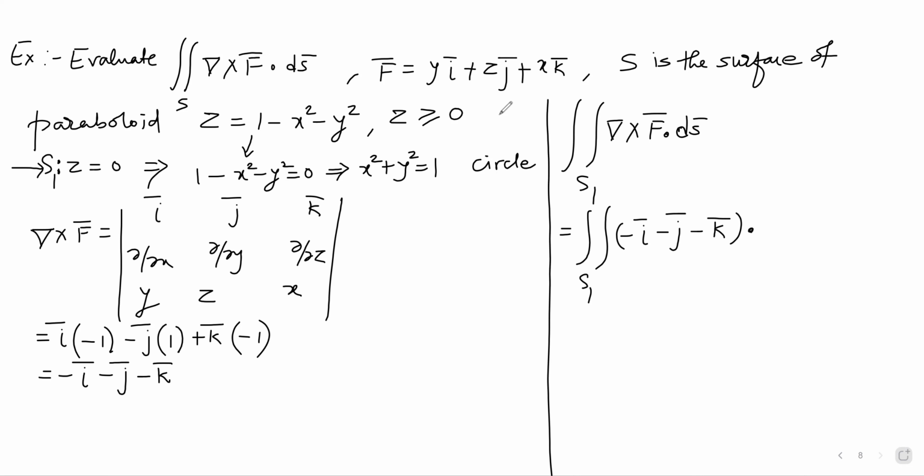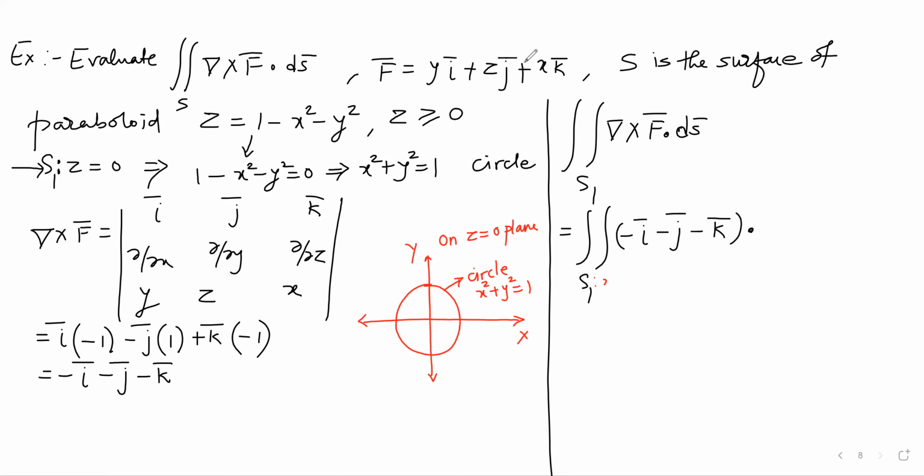You can see that we have S1 on the z equal to 0 plane. It's a circle, x square plus y square is equal to 1, correct? So therefore, what is n cap?